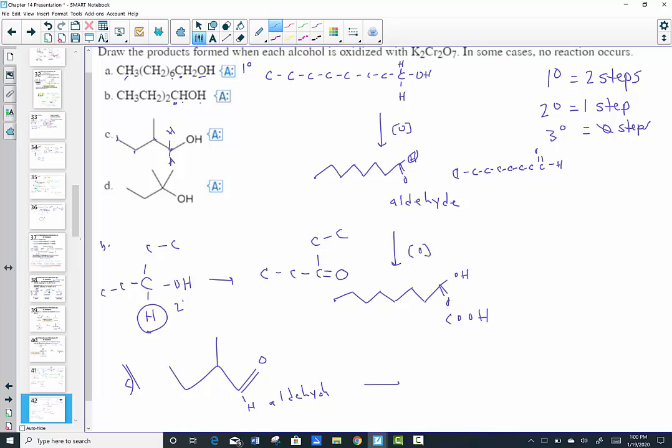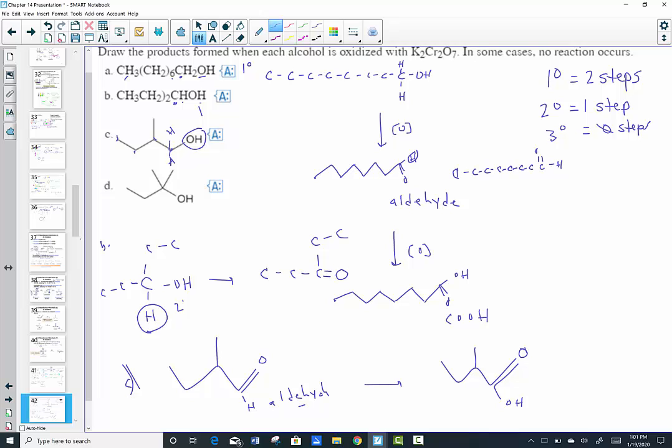And then this will undergo a next step where the aldehyde converts to the carboxylic acid, so we see an OH at the end, and still that branch up there. So we went from primary alcohol, in letter C, a primary alcohol, to an aldehyde, to a carboxylic acid.